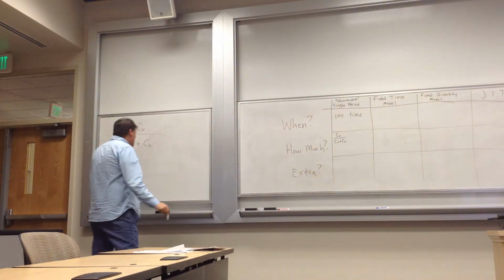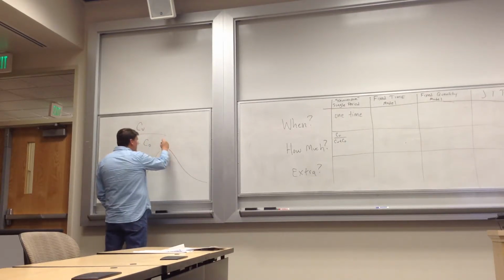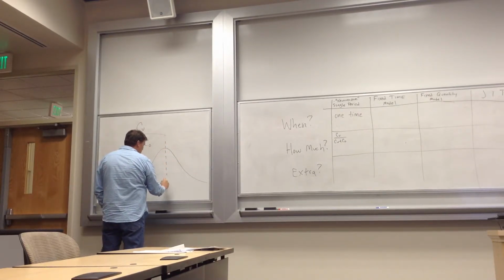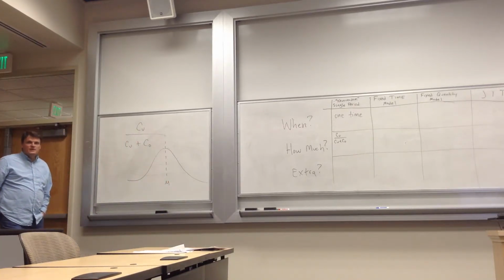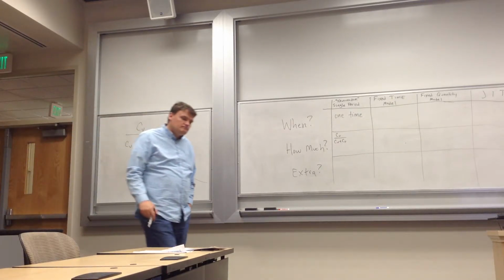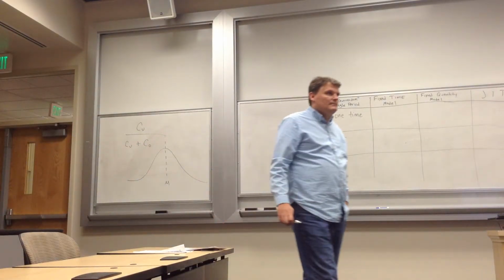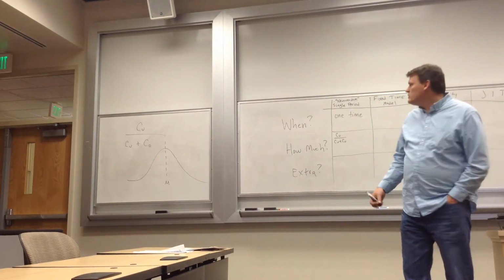Well, let's go way back. Normal curve. Right in the middle of that normal curve is the average. Why do we care about that? What do we usually know when we're doing this sort of problem?